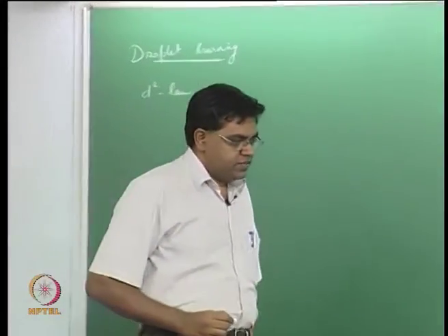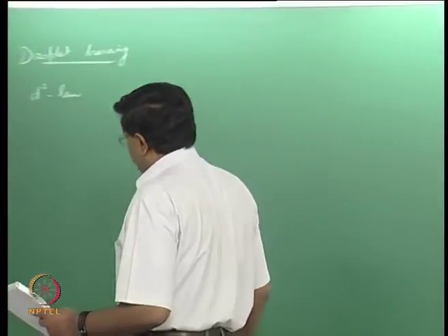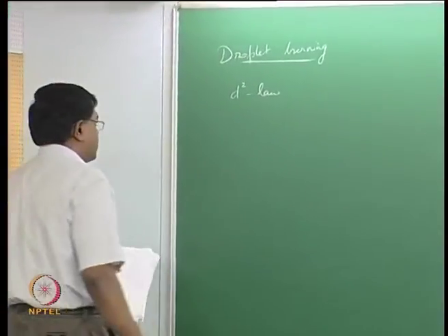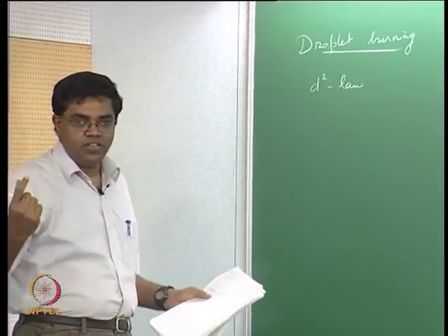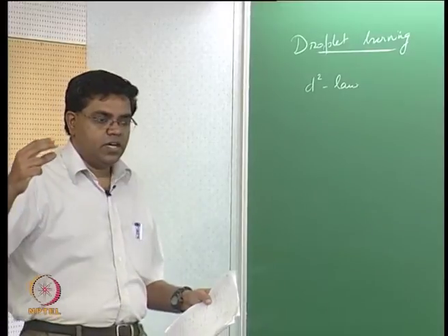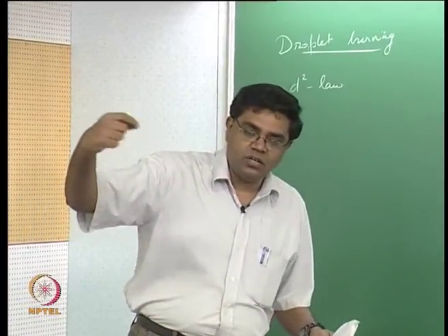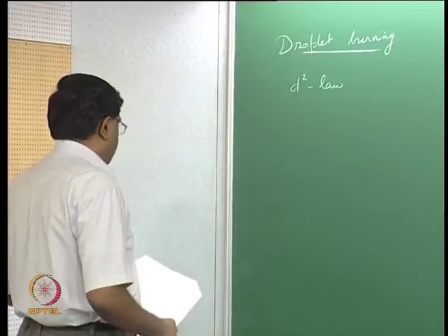What this really means is that there is a certain rate of evaporation or combustion of this droplet, dictated by how the droplet diameter changes with time. So you take a droplet of a certain diameter at a particular time and ignite it and get it to combust, or let's say it starts evaporating at a time t naught.